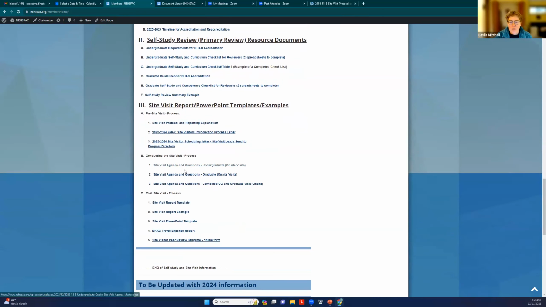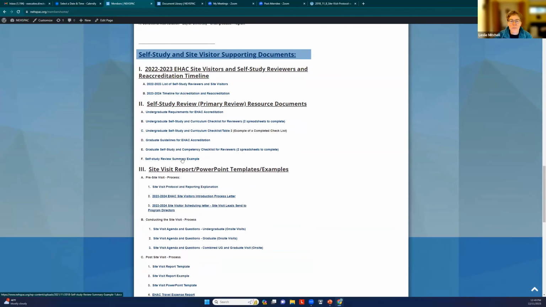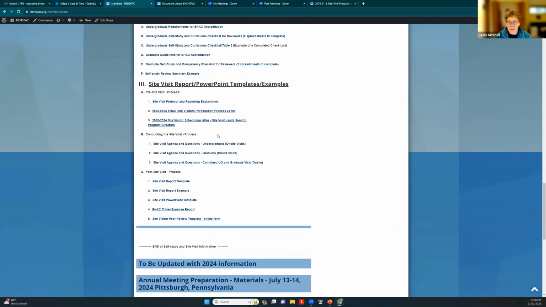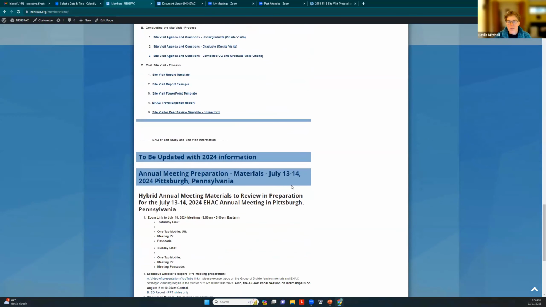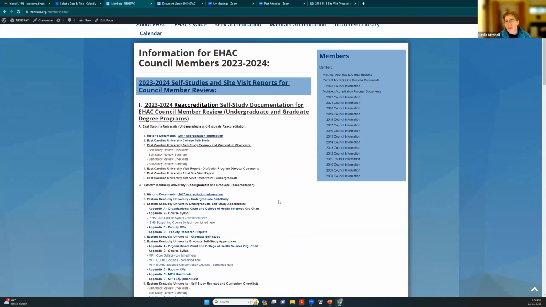There are the detailed agendas for the site visits, and the report templates and examples. The same self-study review example is here. Those documents are linked in the PowerPoint or found here. Later, all of this will be updated with information for the meeting in Pittsburgh.